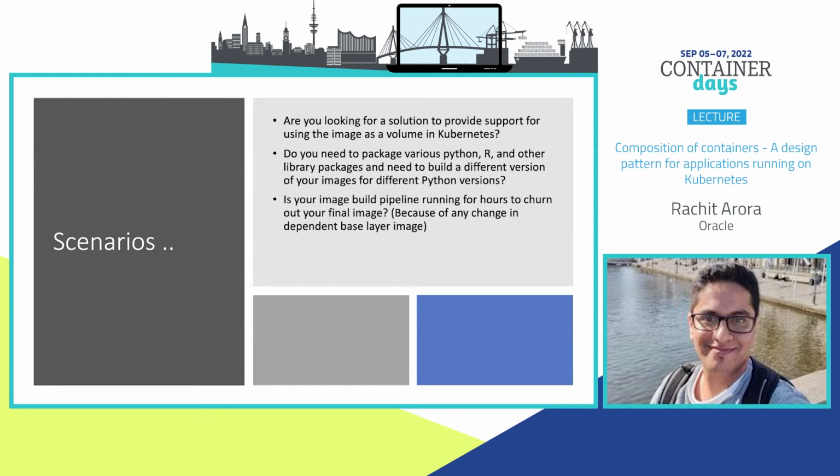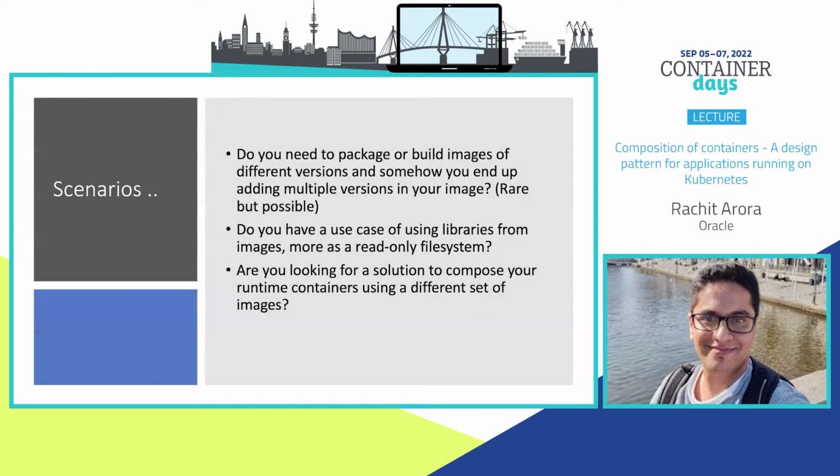Whenever a fix, a security vulnerability, or a library version upgrade is required, you can independently build them, use them in production, and ship that smaller size container to production, rather than running your entire build pipeline to churn out that big container.